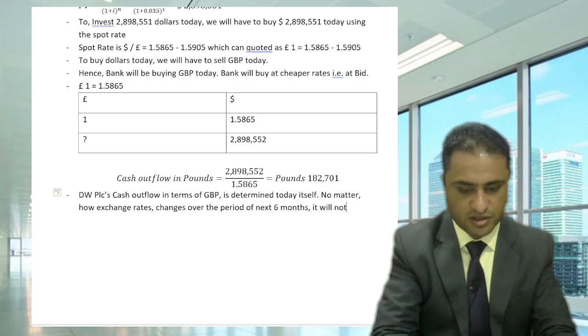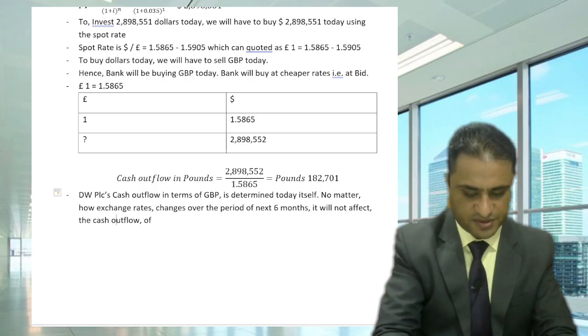It will not affect the cash outflow of DWPLC.